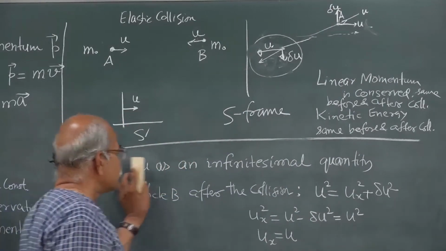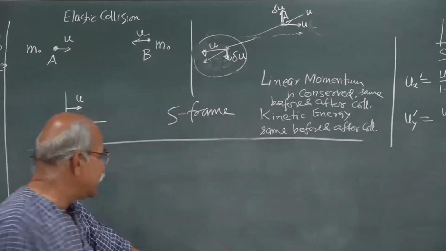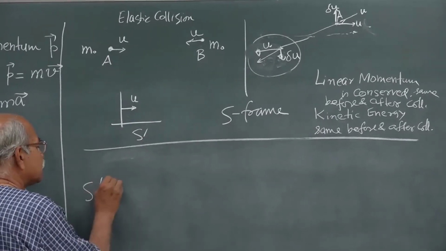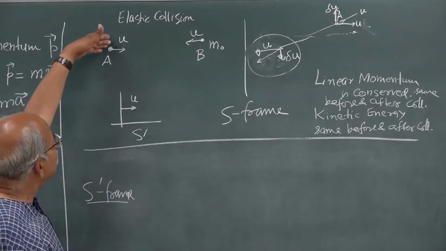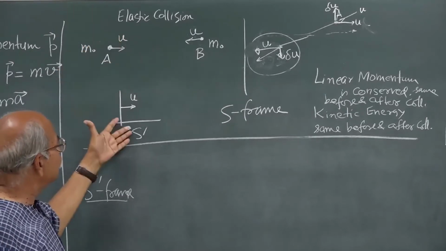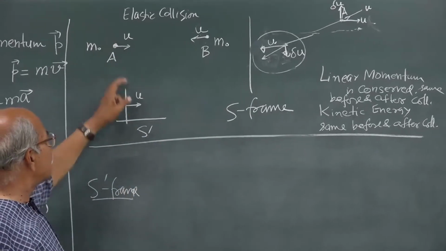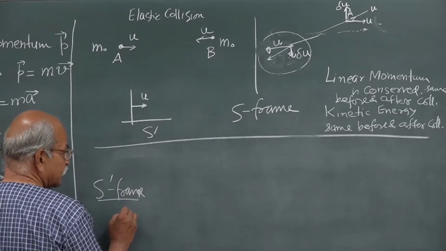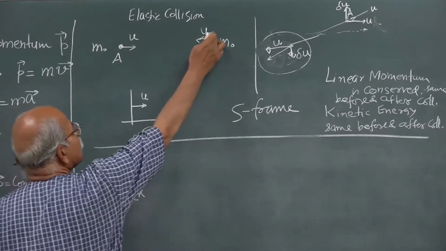Now let us use these transformations to get the components in the S prime frame. So now I am writing from the S prime frame. This particle is going with speed u in the lab frame, and the frame S prime is also going in the same direction with the same speed. So this particle A will be at rest here. And what happens to the B particle?